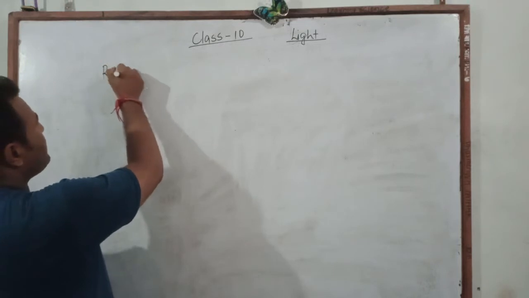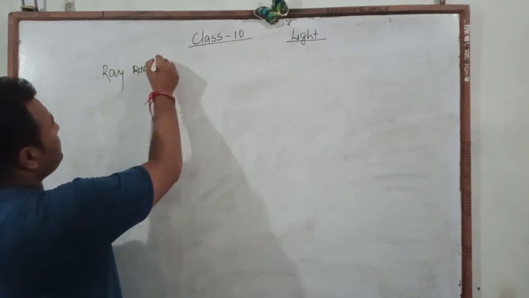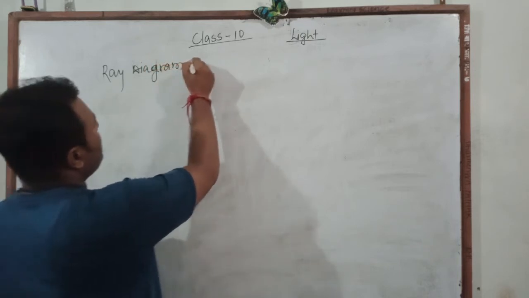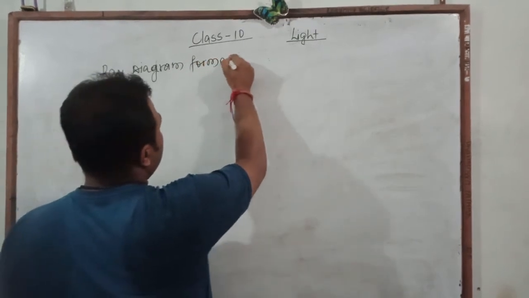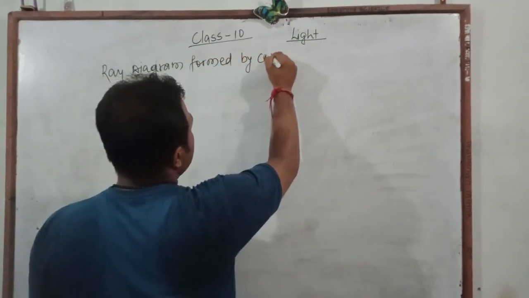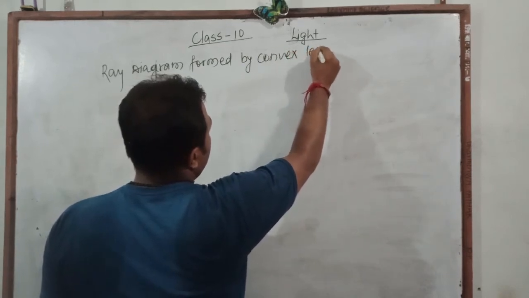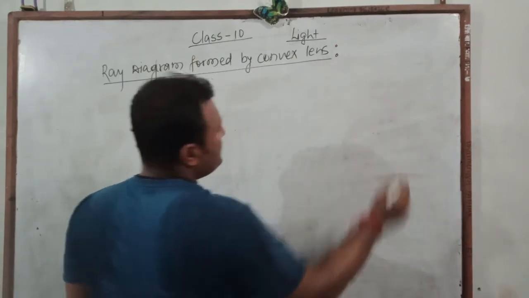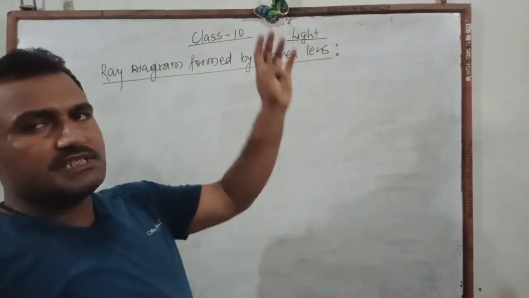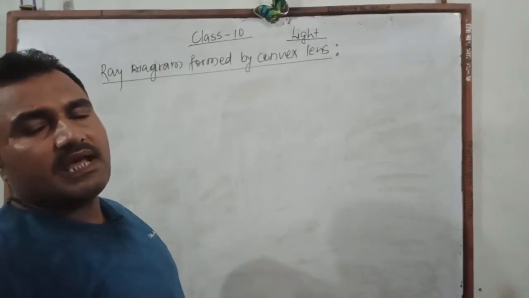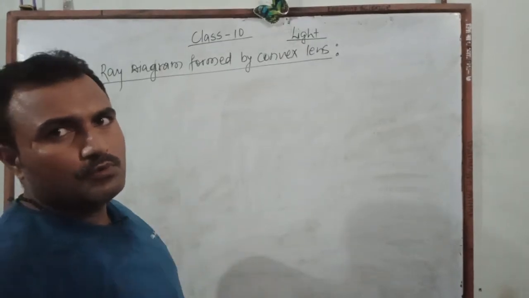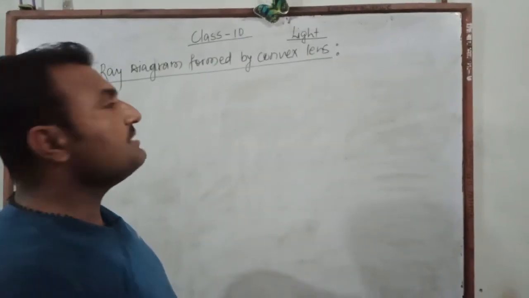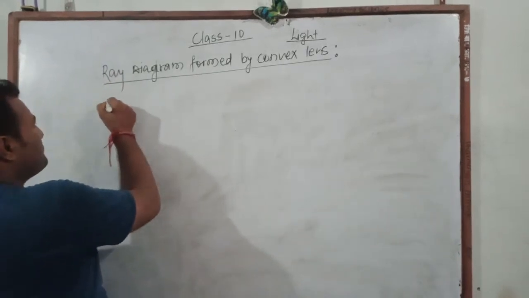First we draw the ray diagram formed by a convex lens, and we consider the object at various distances from the convex lens. Then with the help of rules we draw the ray diagram and describe the nature of the image formed.